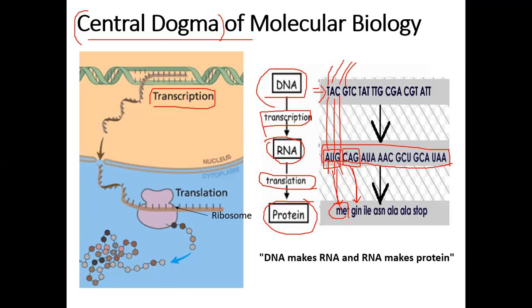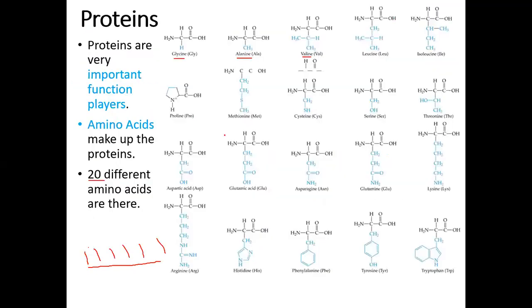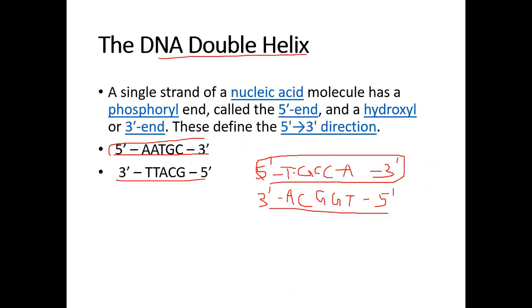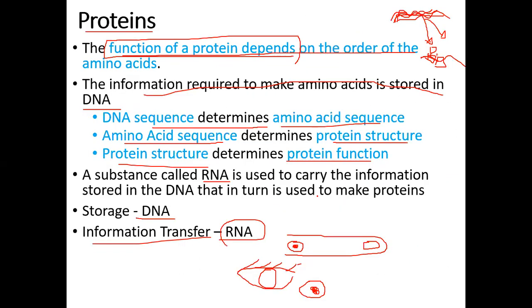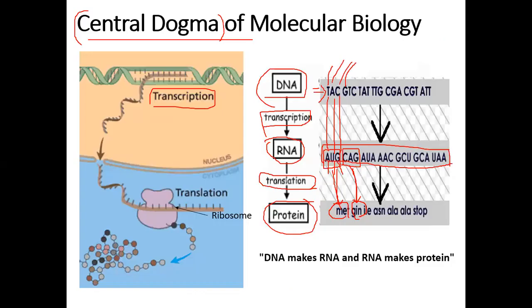Okay, so likewise, each codon would correspond to a particular amino acid. So Met is an amino acid, one of the 20 amino acids. So what is Met? This amino acid, okay, that is built up of what? AUG, which corresponds to TAC.